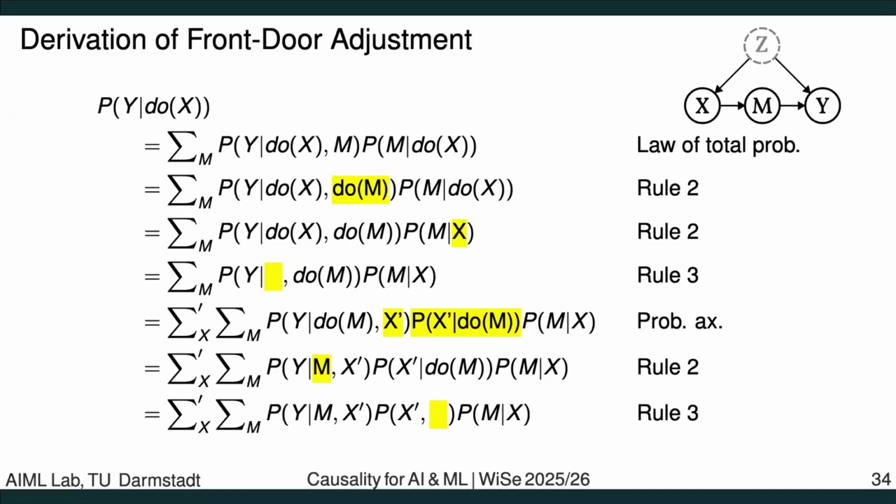Here again, we add this intermediate variable, and it's sadly a thing that you just have to build up some intuition, maybe get a bit lucky, do a bit of a search to find the right formula that in the end gives you the estimand that comes without any do's.